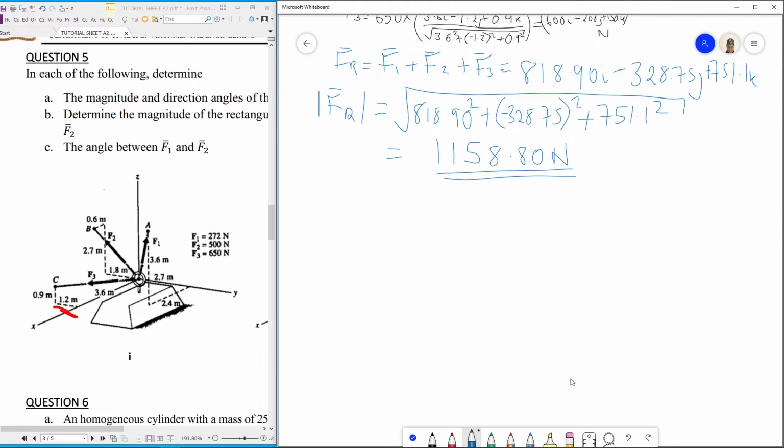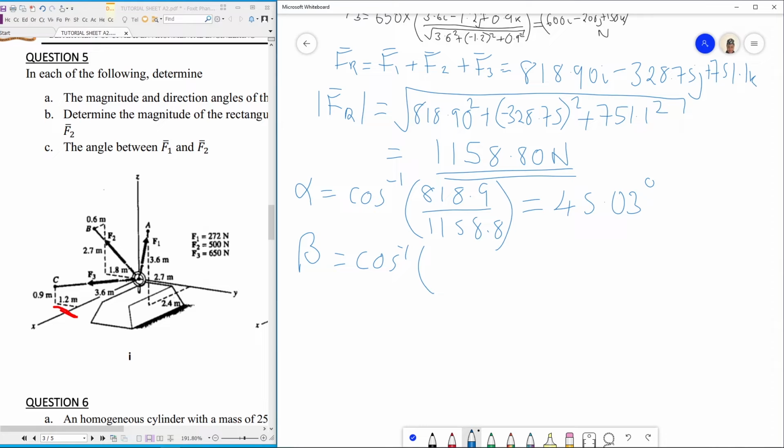We know that our alpha, which is the direction angle with respect to the x-axis, is equal to the arc cos of 818.9 over 1158.8, and this will give us 45.03 degrees.